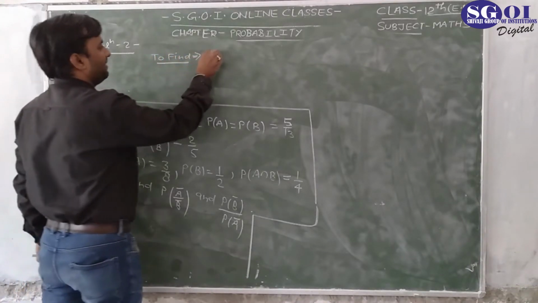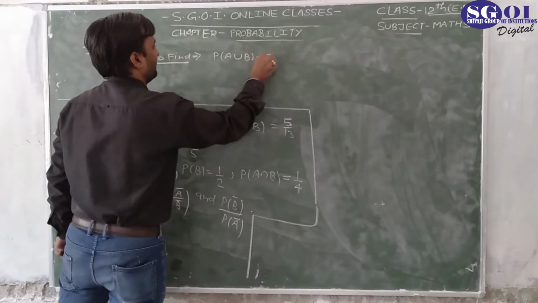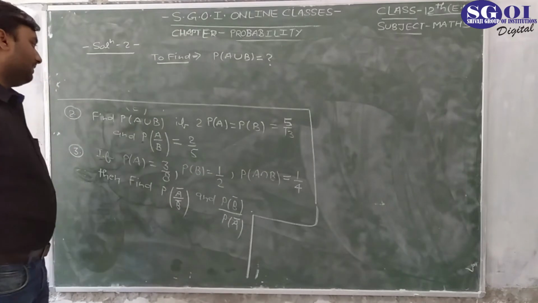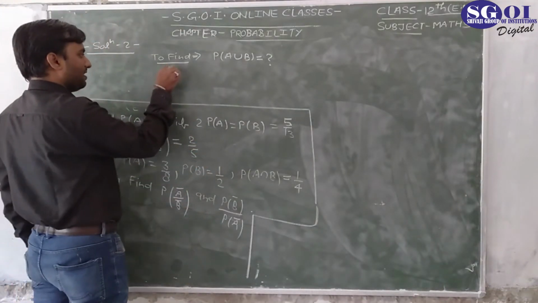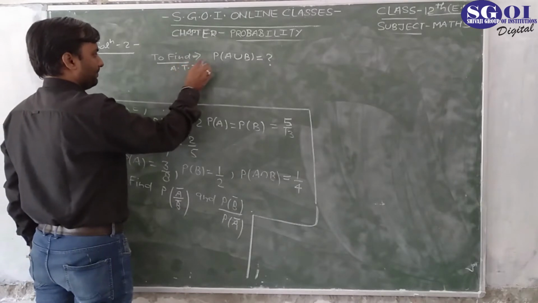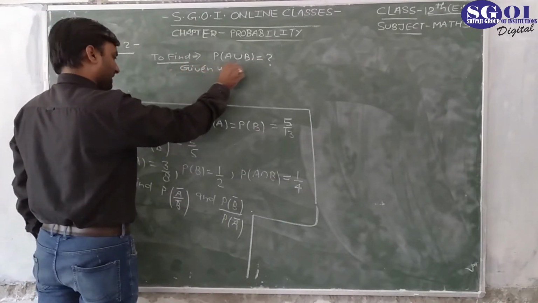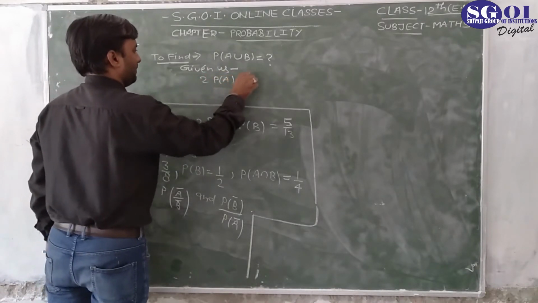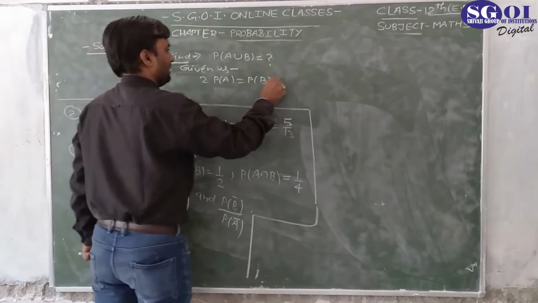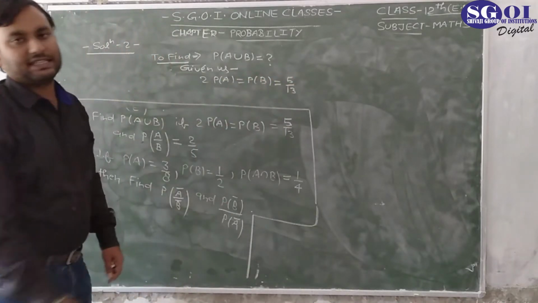What we have to find? We have to find probability A union B. What is given to us? According to the question, it is given that 2 probability of A is equal to probability of B is equal to 5 by 30. This is the condition given in this question.